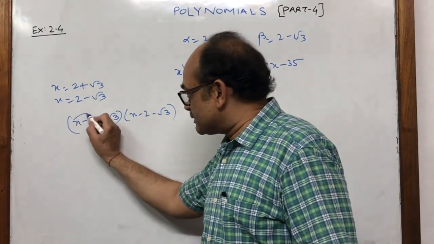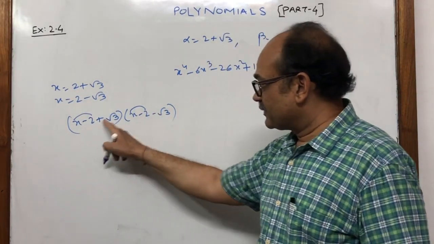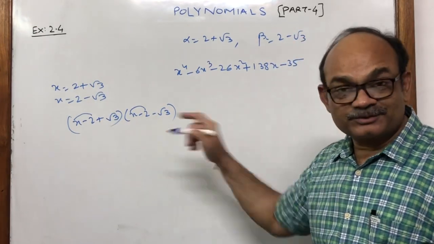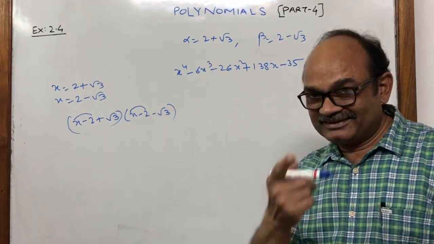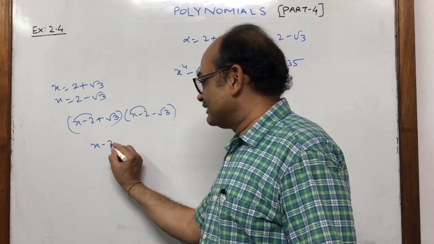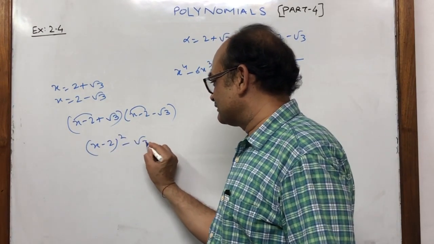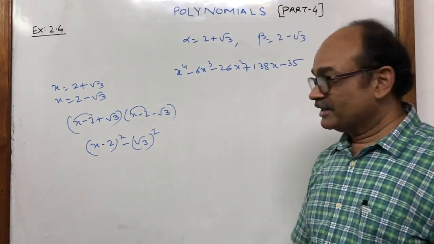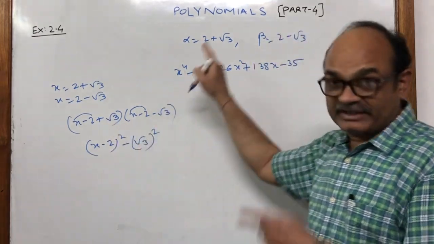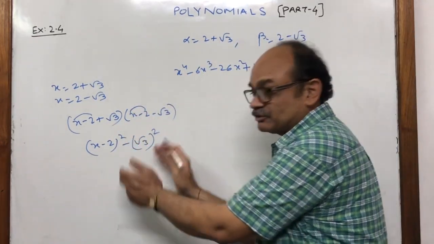x minus 2 we suppose as a, plus root 3, minus root 3. You know the formula, a square minus b square. If these two separately are factors, it means their product is also a factor.